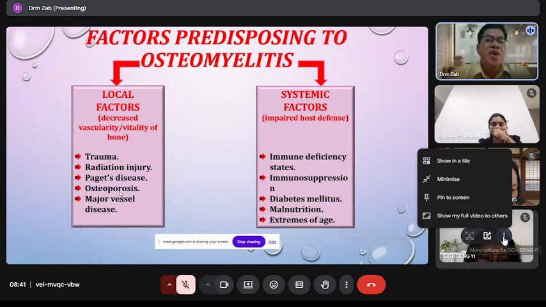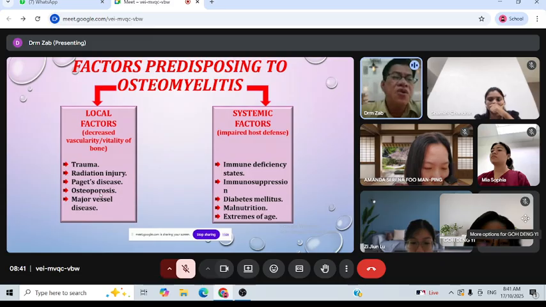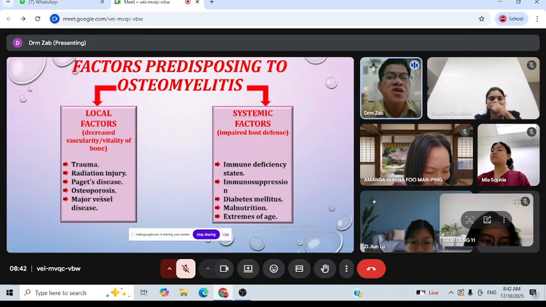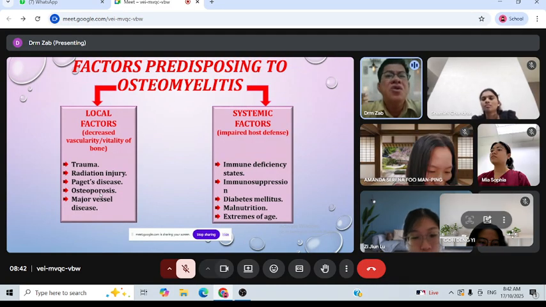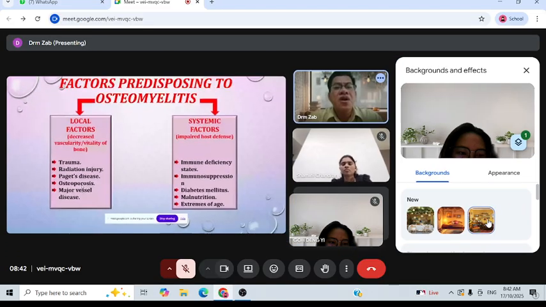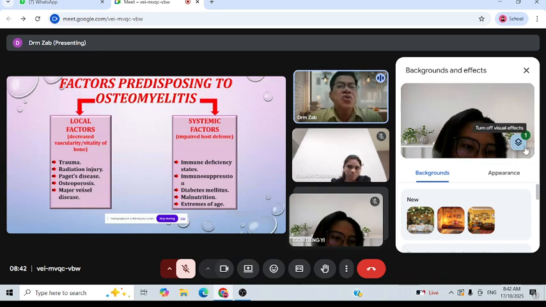So what are the local factors? Local factors, you may have trauma to the area. For example, like I mentioned before, any injury to the jawbone, any maxillofacial injury which involves the maxillary area, can lead to potential osteomyelitis formation. Radiation injury, a patient who has undergone radiation may also be predisposed to osteomyelitis.